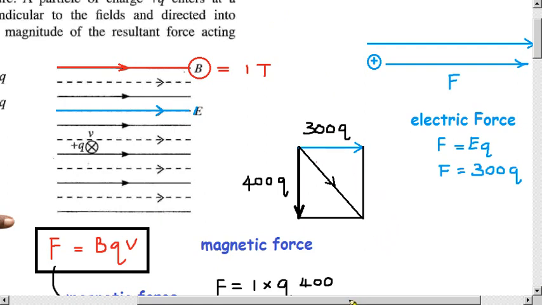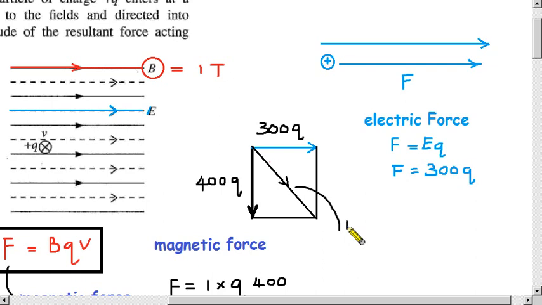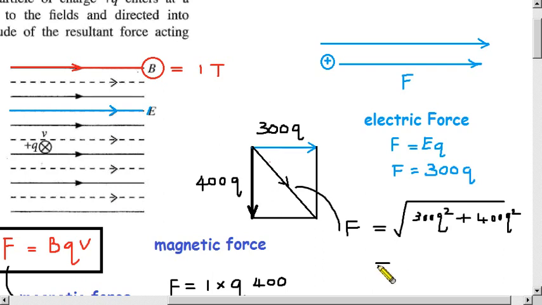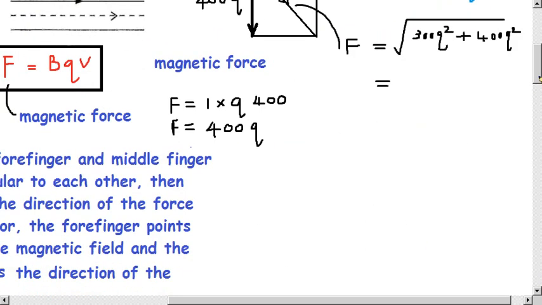So the value of final F is given by root of 300 Q square plus 400 Q square. You don't have to calculate this actually.